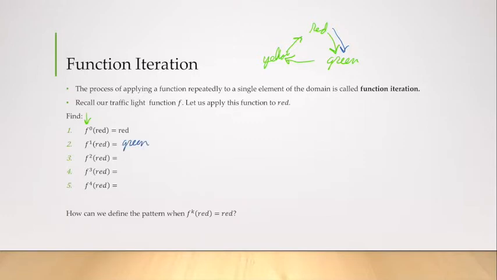Now, if I take f^2 of red, that's the same as taking f^1 of green. So we're applying the function twice, so red would go to yellow.